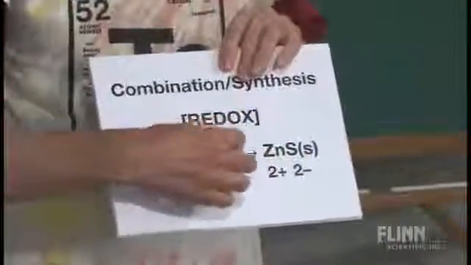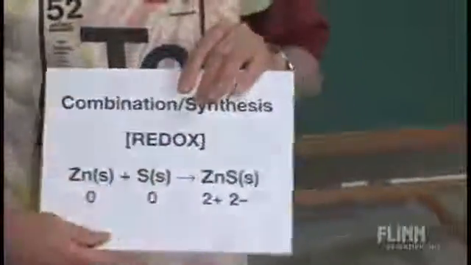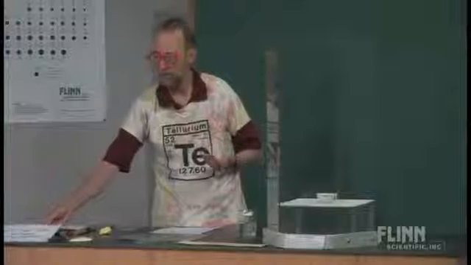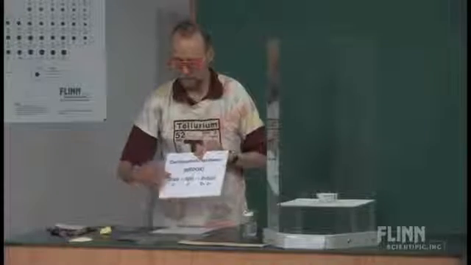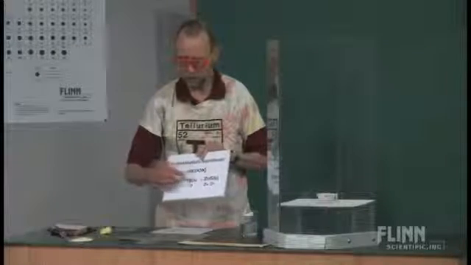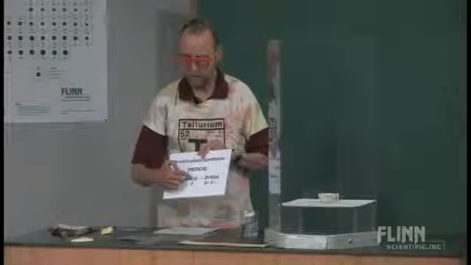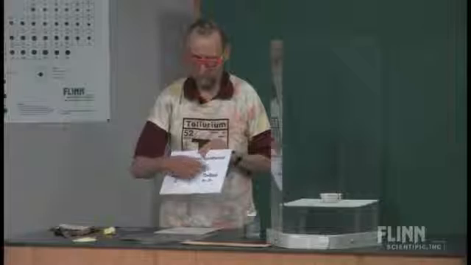We go from an oxidation state of 0 in both cases to 2+ and 2-. Electrons go from the zinc to the sulfur, and that's what helps to form the bond. Again, the electrons go from the zinc to the sulfur. Zinc is oxidized, sulfur is reduced. We form this compound, zinc sulfide.